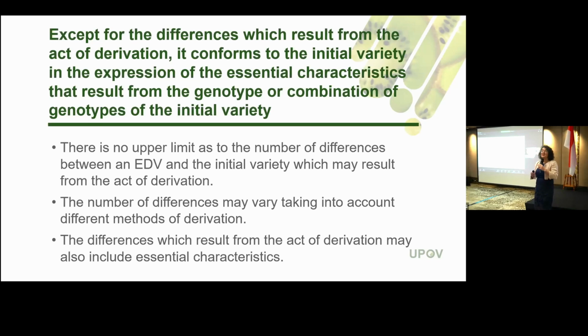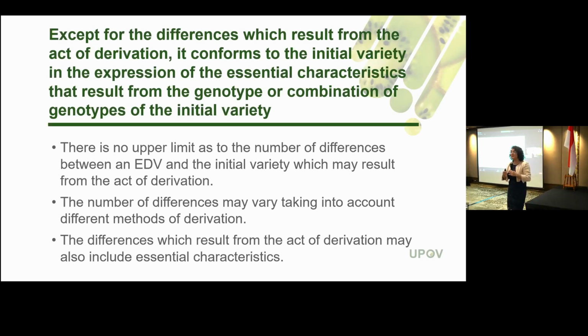Okay, this is a tricky one that really led to a lot of discussion, because it says on one side, the essentially derived variety retains the essential characteristics of the initial variety, but then also the convention says that if there are differences that come from the act of derivation, let's say the act of mutation, in this case, those differences should be disregarded.